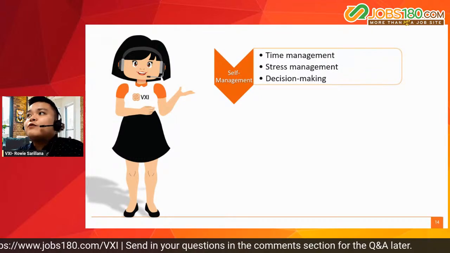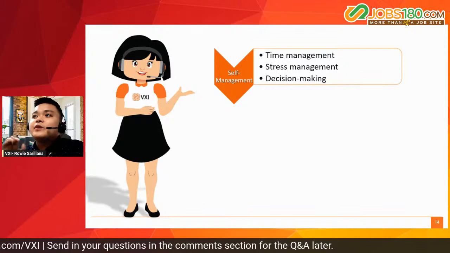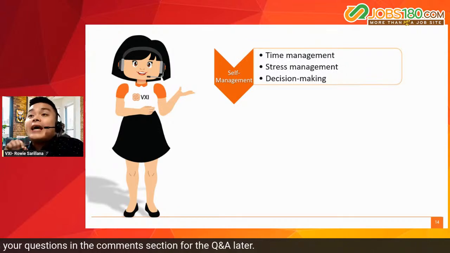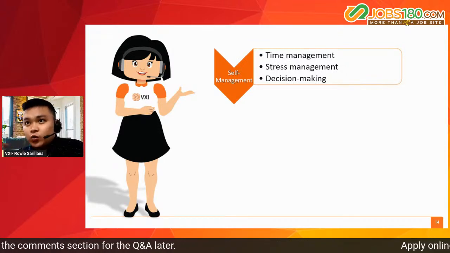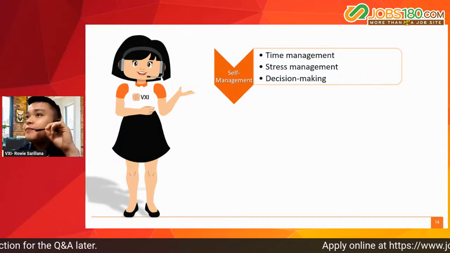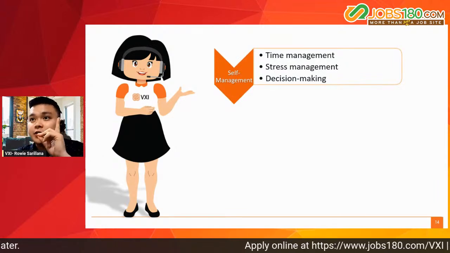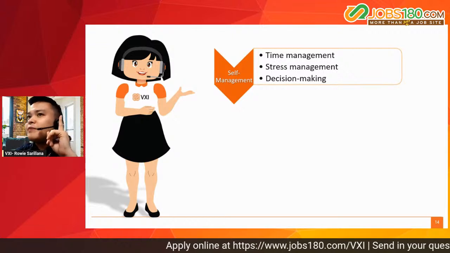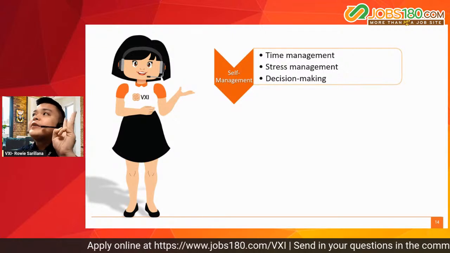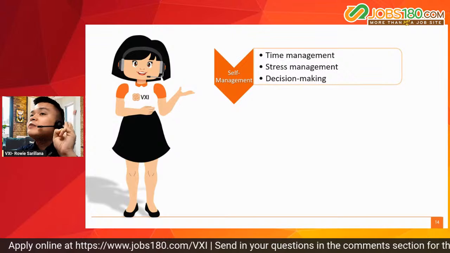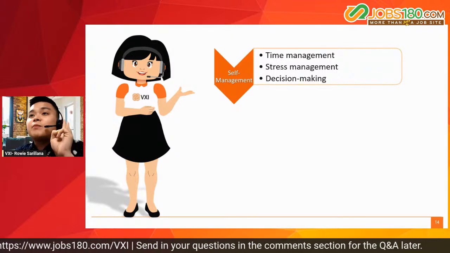And if you have tasks within a day, you will have to categorize it: Q1, Q2, 3, or 4. So Q1, both important and urgent. Q2, it's important but it's not urgent. Q3, it is urgent but it's not important.